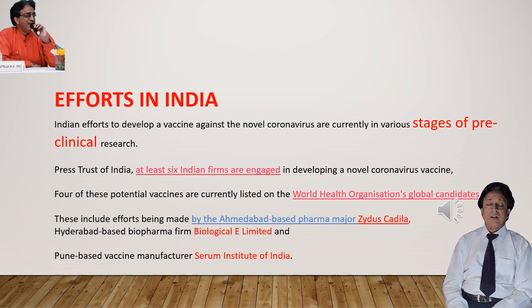Of course, the Indians have been able to export around 2 billion doses of various types of vaccine to the entire world. India's two companies, Serum Institute of India and Biological E, have the biggest capacity to produce vaccine in the world, and they are both actively involved in vaccine production.